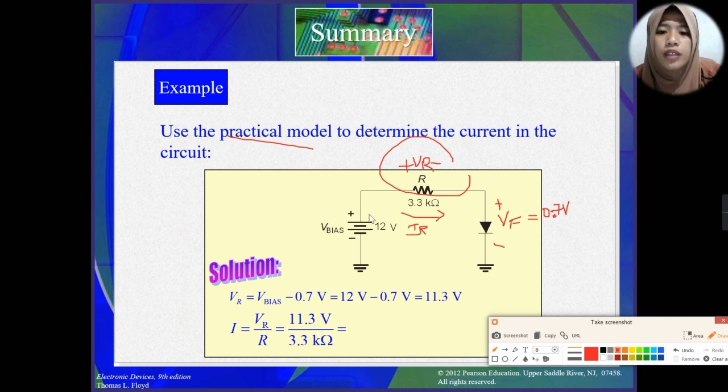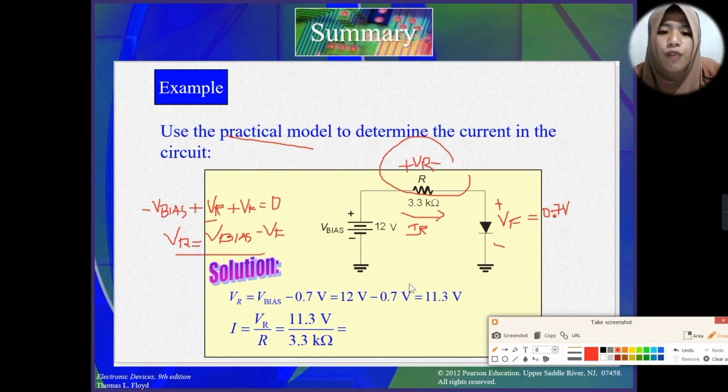So, applying KVL through this circuit, we have negative V bias plus VR plus VF is equals to 0. So, hahanapin natin is VR again. We have VR is equals to V bias minus VF. So, ito na yung formula natin for V sub R.